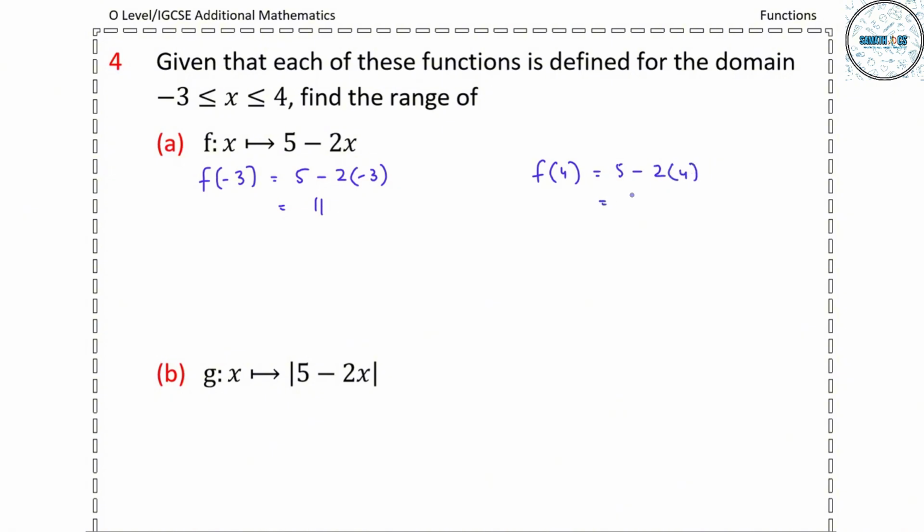So we will get 5 minus 8, which is equal to minus 3. Now we can write the range. Range is to be written in the form f of x is greater than or equal to minus 3 and less than or equal to 11, the least value here and the greatest value here.